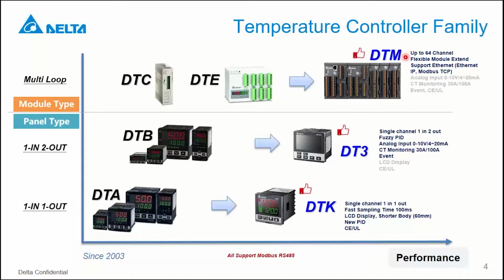And the flexible modular extension, I will introduce this later. Simply to say, it's easier than before when you select the model. And it also supports Ethernet connection, like Ethernet IP or TCP.